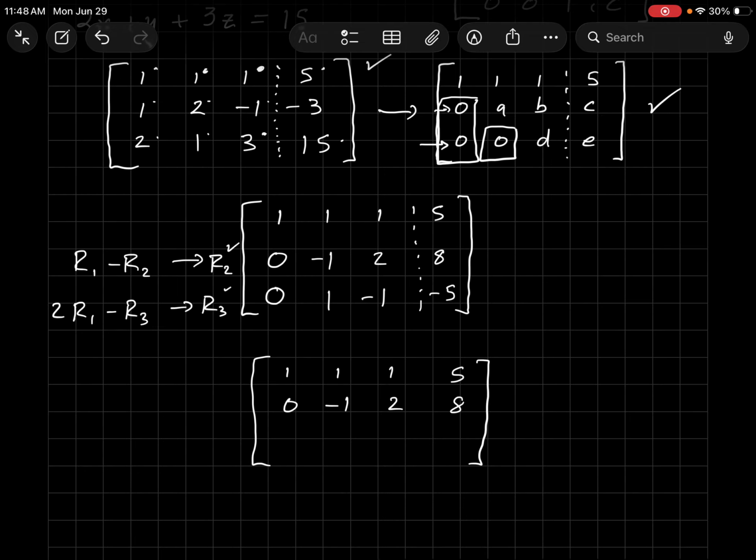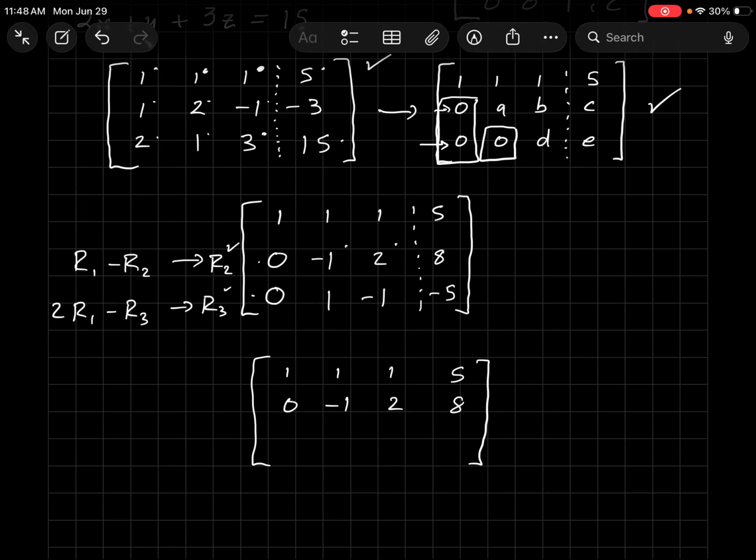Then row 1 and row 3 to get a new row 3. And now this last one, I'm going to do row 2 and row 3 to get a new row 3. And the reason I'm going to use row 2 and row 3 is because I have zeros right there. If you think about it, I've eliminated the x in row 2 and row 3. And I only have the y's and the z's.